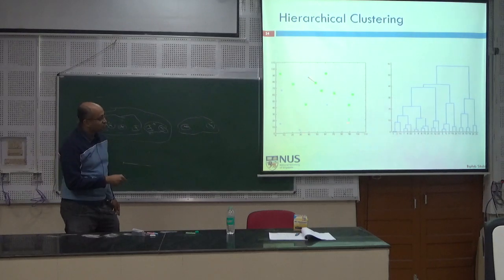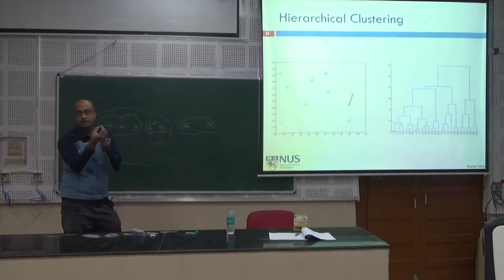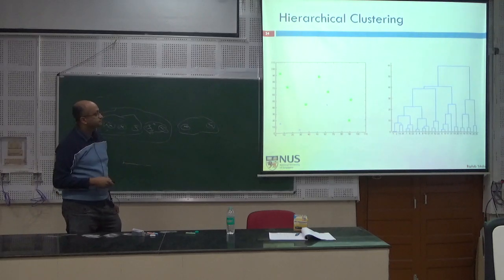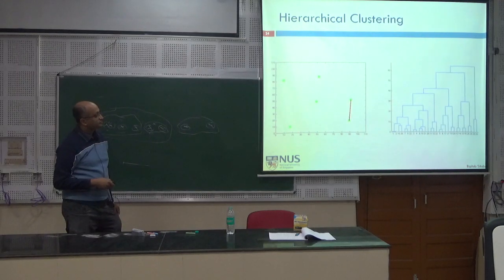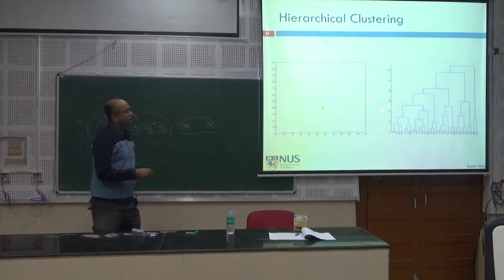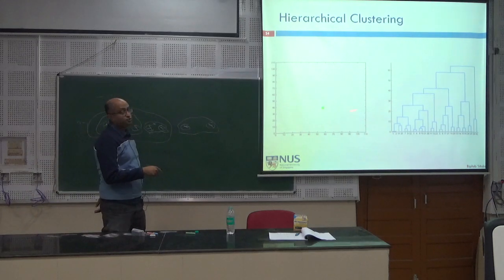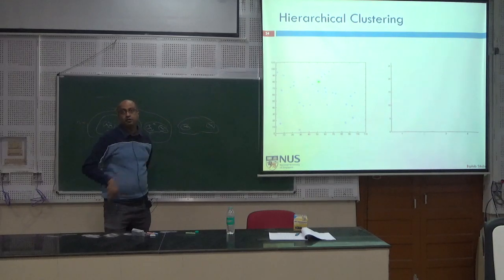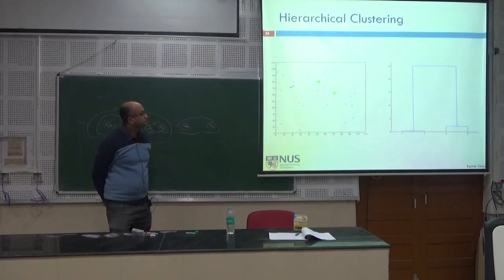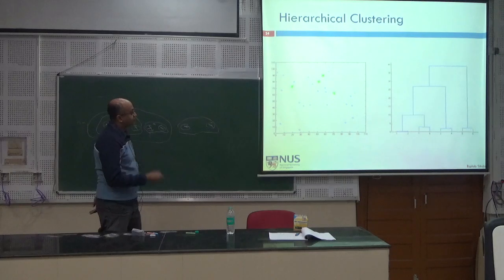And you see, whenever two nodes are joined, the new cluster's distance is updated. Its center point is taken. In the end, I will be just left with one cluster. And depending upon how many clusters you need, you can chop off appropriately. And that will give you how many clusters are there. Okay, so it's playing again.